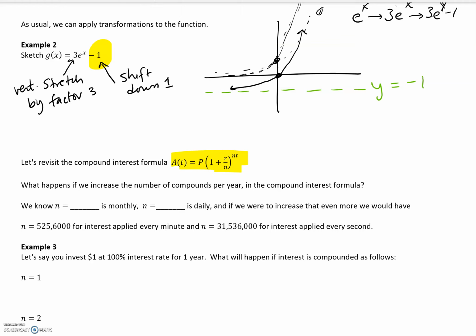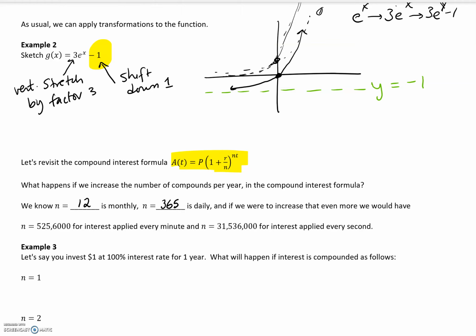In the previous section, we looked at different n values. For example, we know that if n was equal to 12, interest was applied monthly to your account. If we increase that and let n be 365, that's going to be interest applied at the end of every day.